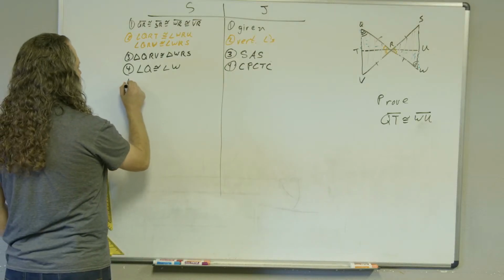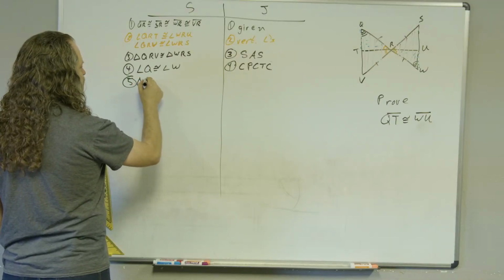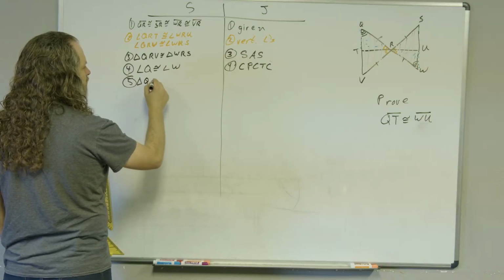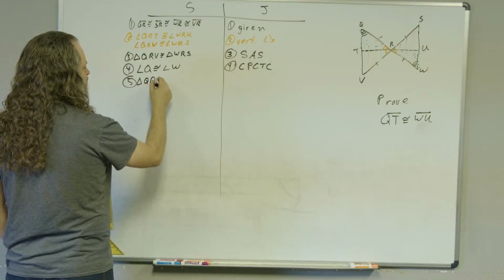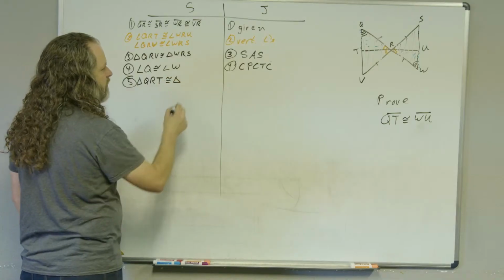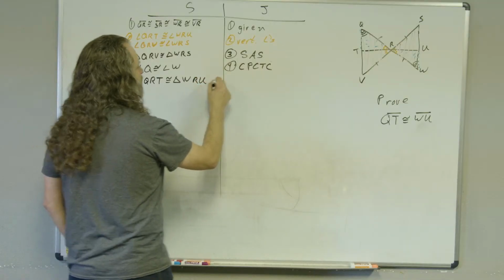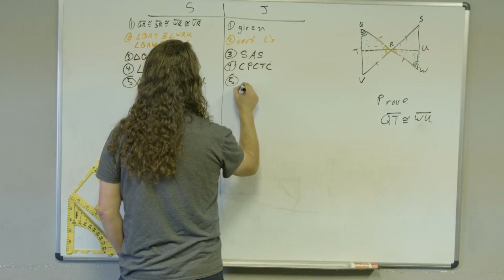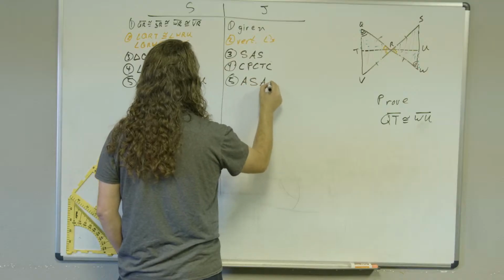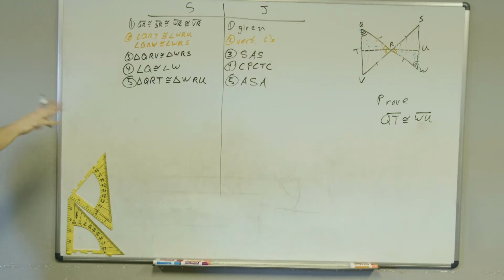So triangle QRT is congruent to triangle WRU because of angle, side, and angle. Now, like we started at the beginning of this proof, because those two triangles are congruent, what's true about all their corresponding parts?